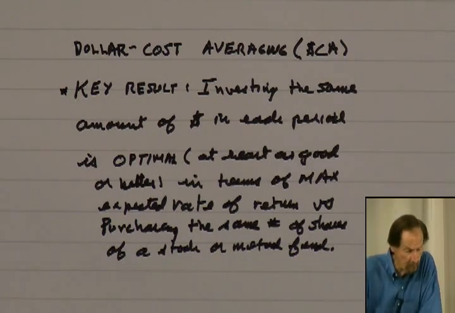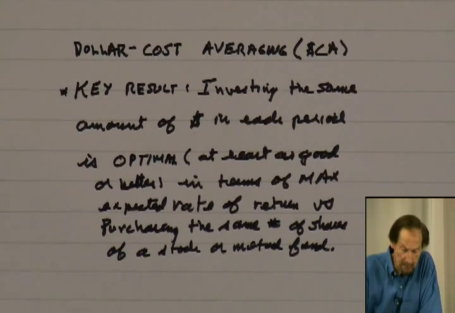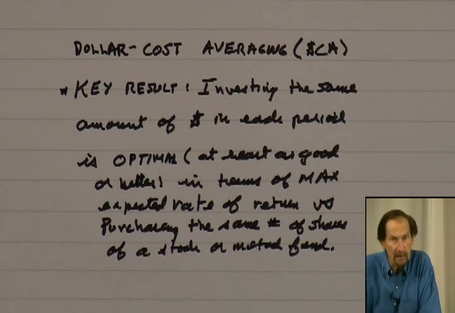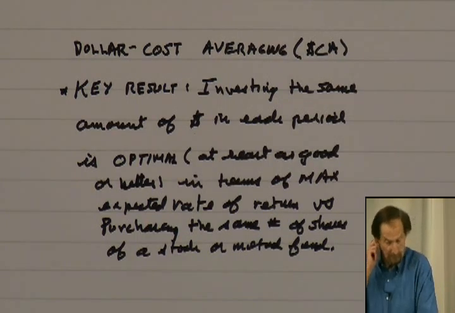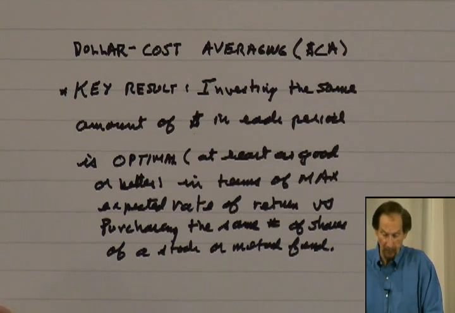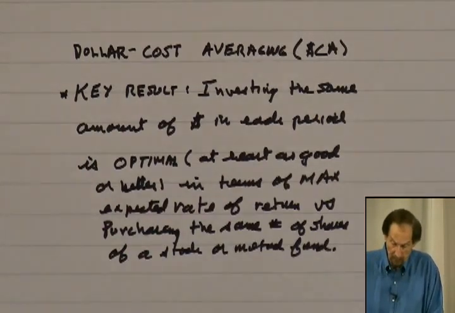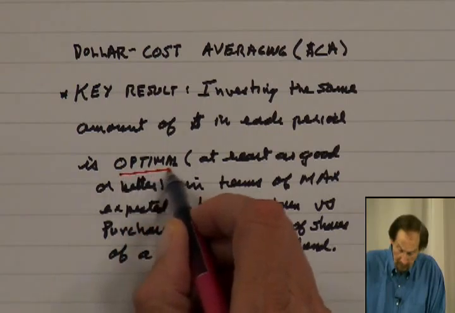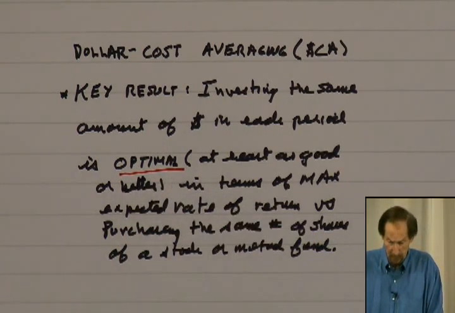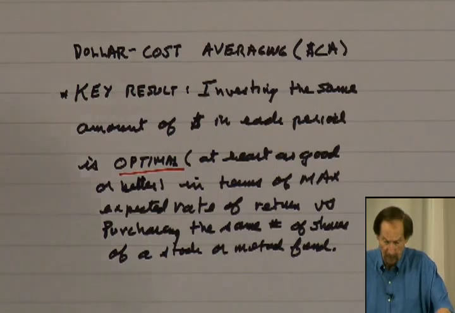You tell your employer, say you want to put $1,000 in every month into your retirement account. So dollar cost averaging is the way most people do their retirement accounts. So it's the way most people invest in their retirement accounts. And it is optimal. The fact that it is optimal is very, very fortunate.